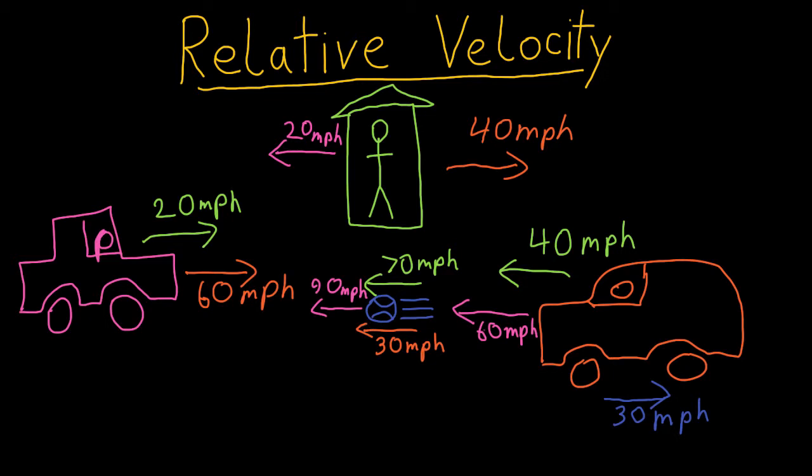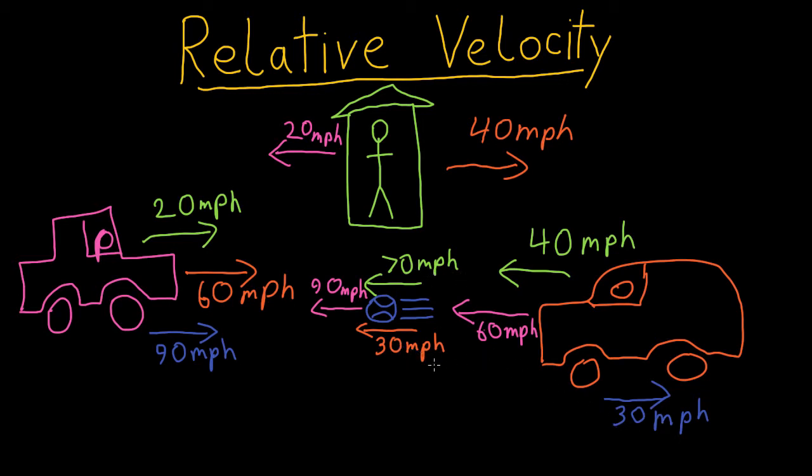Now, what about Mom over here? The ball is approaching Mom. It is just going to be the same number but in the opposite direction. From the ball's perspective, this car is approaching at 90 miles per hour. And then finally, this is going to be mirrored here. So there's a mirror.